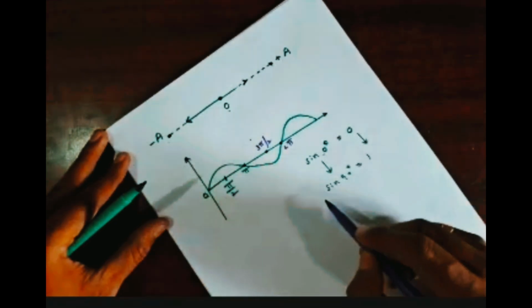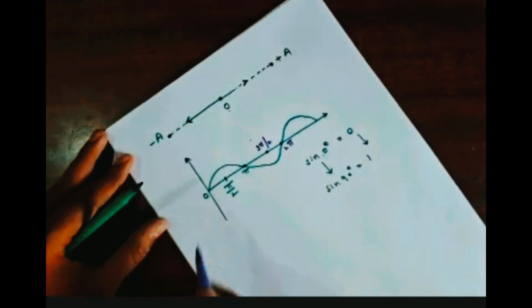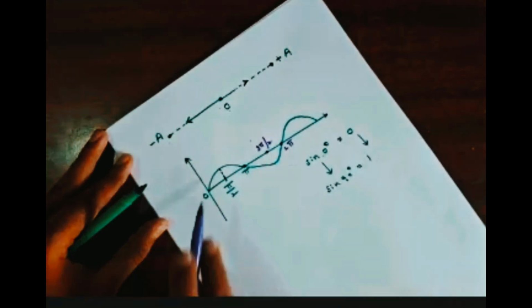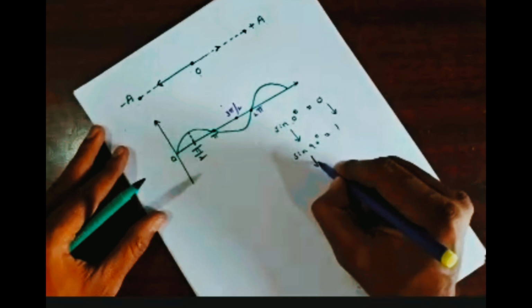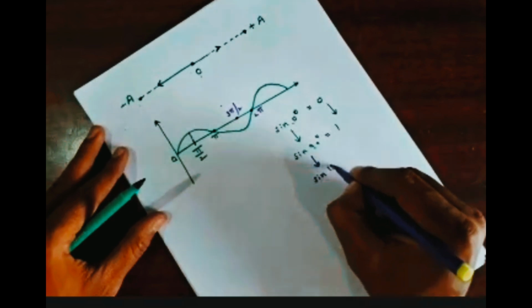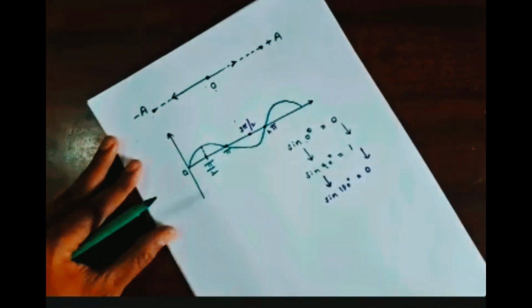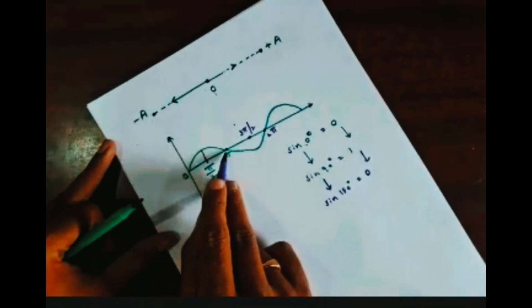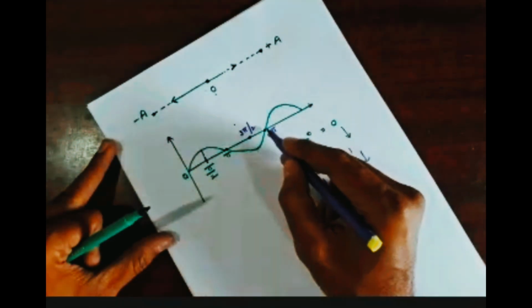So just now I considered 0 to 90, 0 to 1. This is the origin, 0. It reached the maximum point, where the value is 1. Again from sine 90 to sine 180, the value gradually decreases from 1 to 0, intercepting the x-axis, and again increases towards the negative x-axis, a minus value, and again becomes 0.